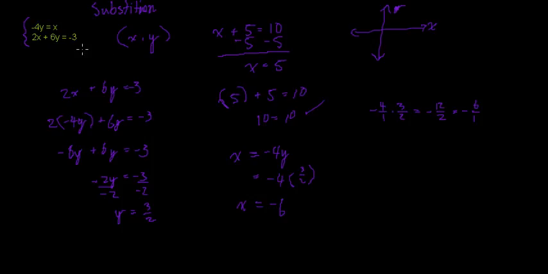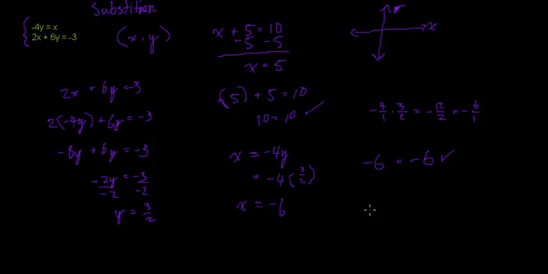Negative 4y equals x, and x is equal to negative 6. We already figured out that y is 3 over 2, and negative 4 times 3 over 2 equals negative 6. It's true.